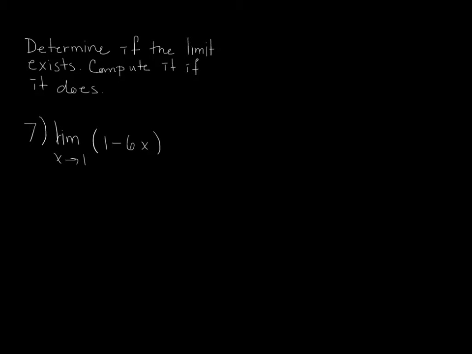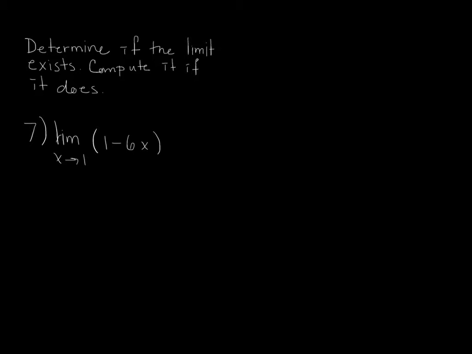For problems 7, 8, 9, 10, and 11, we want to determine if the limits exist and compute the limits if they do exist. So looking at this limit, the first thing to notice is that the inside of the limit, 1 minus 6x, is a polynomial.